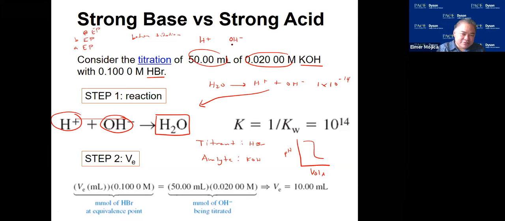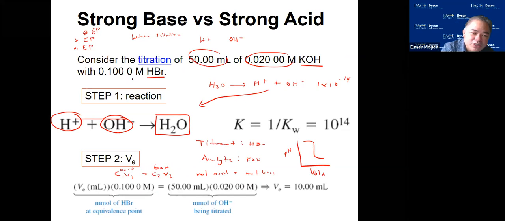Now, going back, the first thing that we ask you to do is determine the equivalence point. So what we have here is C1V1 equals C2V2. This could be your acid, this could be your base. So it will be moles of acid equals moles of base.